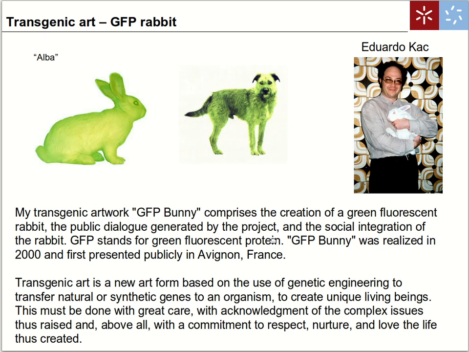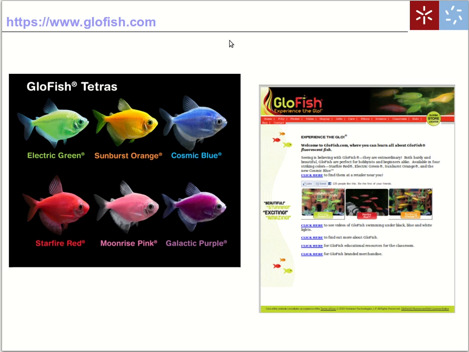I think this was done a very long time ago, 20 years ago, and there are perhaps many different examples of transgenic art nowadays. You can even buy your own transgenic organisms online. There is a company selling transgenic fish that you can buy, and these are zebrafish.